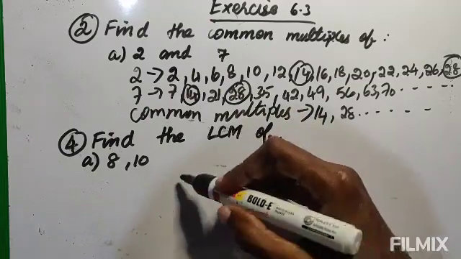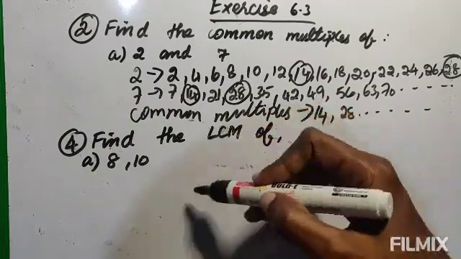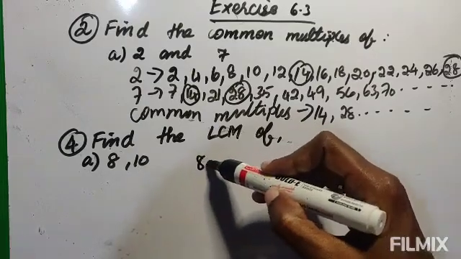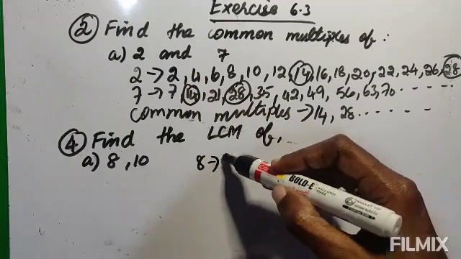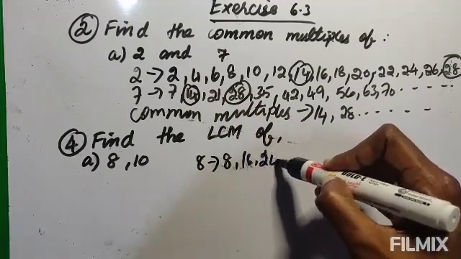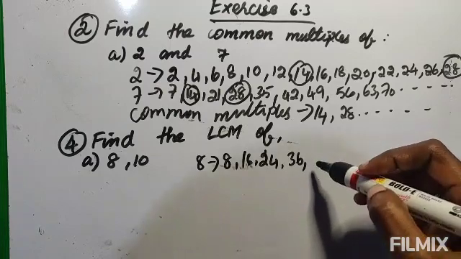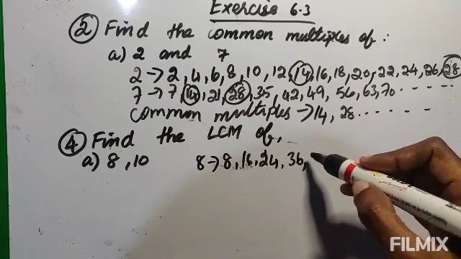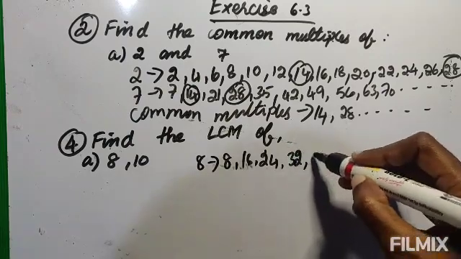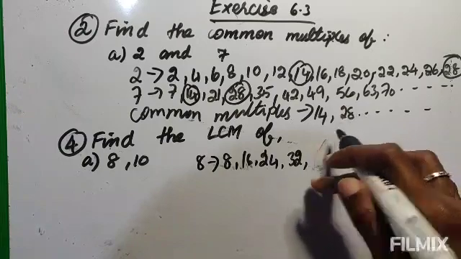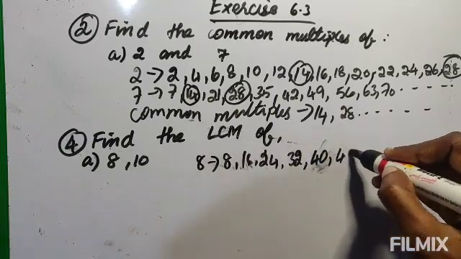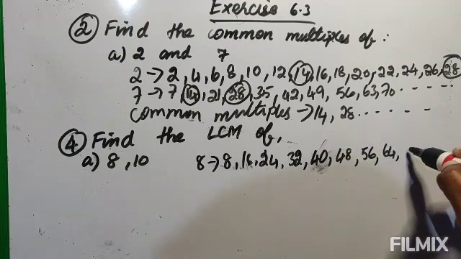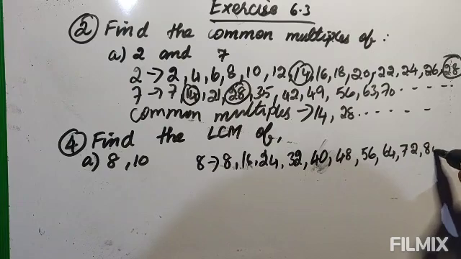But in LCM, there is a difference. You have to find one more step after finding the common multiples. Let us find the LCM of 8 and 10. First let us write the multiples of 8: 8, 16, 24, 32, 40, 48, 56, 64, 72, 80.